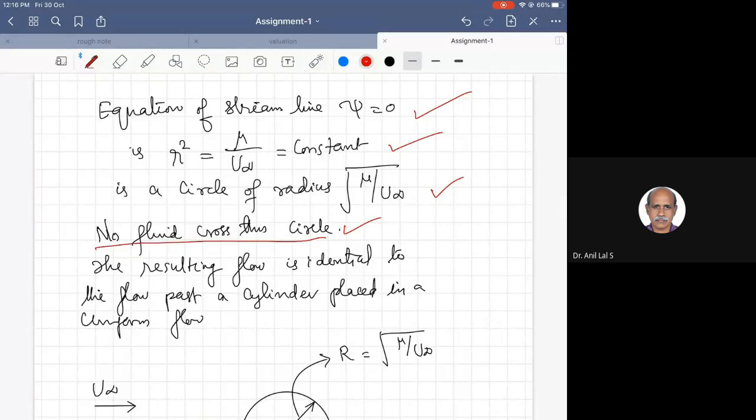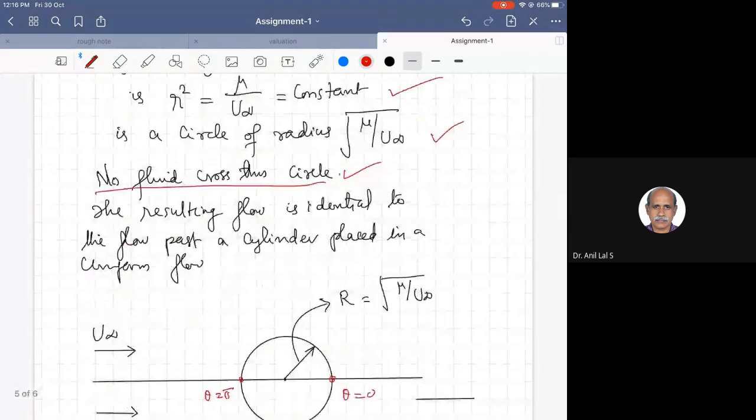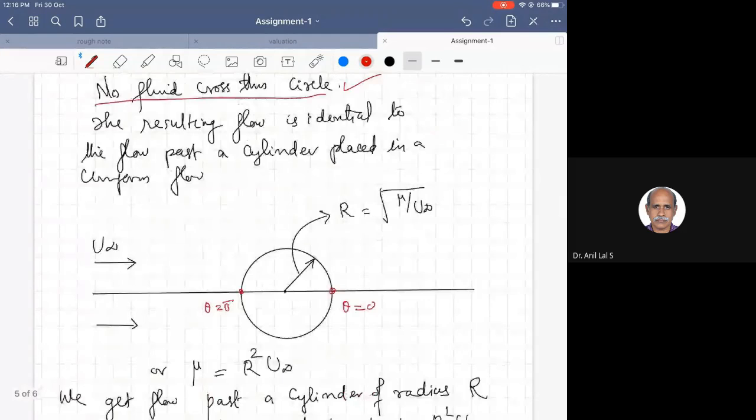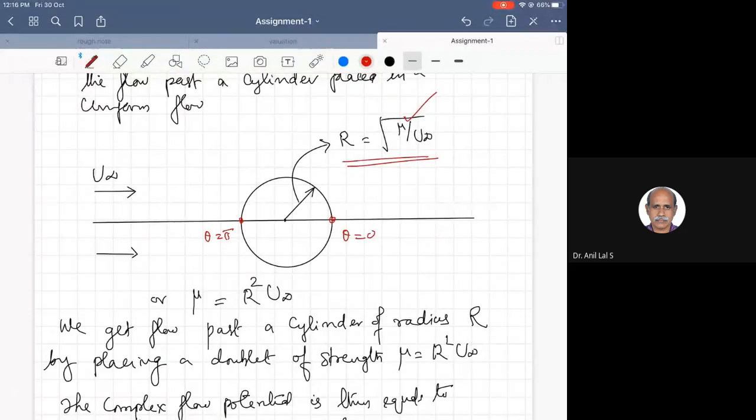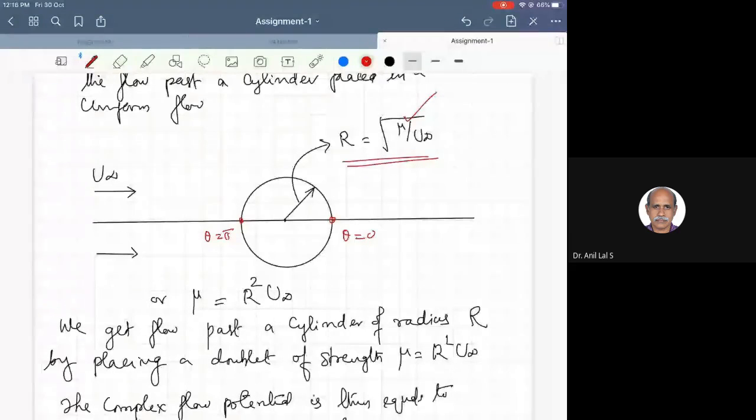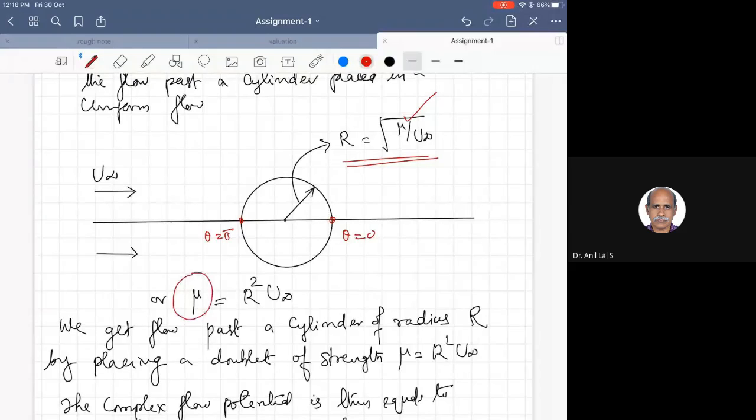So you place a cylinder in uniform flow, you get it like this. So the radius is square root of mu by u infinity. Or you can find what is the strength of the doublet required for making a cylinder of radius r in flow. So you can bring in a cylinder of radius r in flow, for which the strength of the doublet is r squared into u infinity.